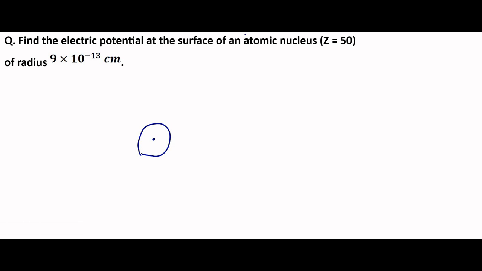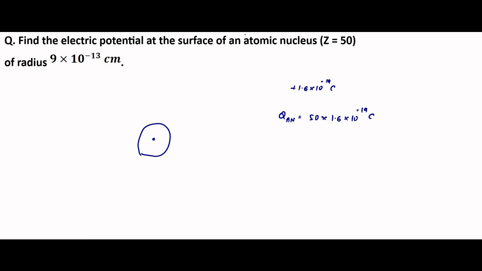Neutrons are neutral and protons, they have a charge of plus 1.6 into 10 to the power minus 19 coulomb. There are a total of 50 protons, same number of protons, same number of electrons. So the total charge of this atomic nucleus is equal to 50 into 1.6 into 10 to the power minus 19 coulomb.